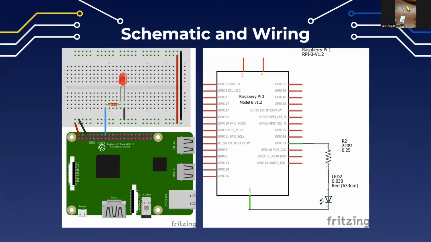I know that during the physical workshop, it was kind of hard to see which pins I was using because everyone was seated away from the projected screen and things were blurred, but that's whatever. So what you commonly see when you're designing circuits is not this one here on the left, but this one here on the right.